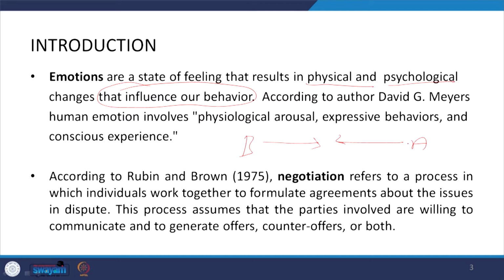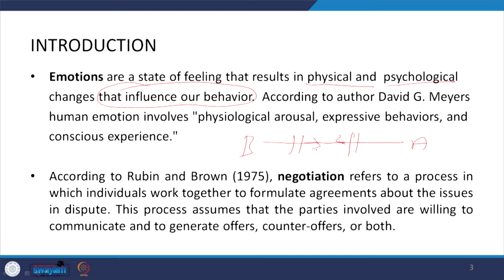So, there will be offers from the A side, offers from the B side, then counter offers. And where is the negotiation zone? The negotiation zone is either here or here.